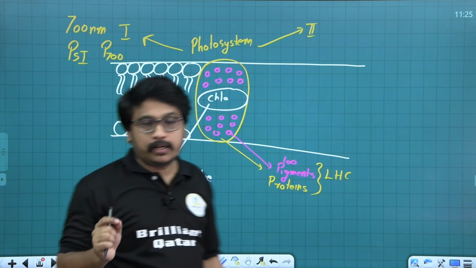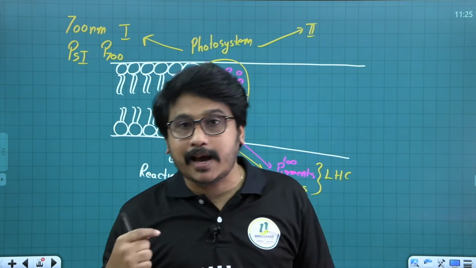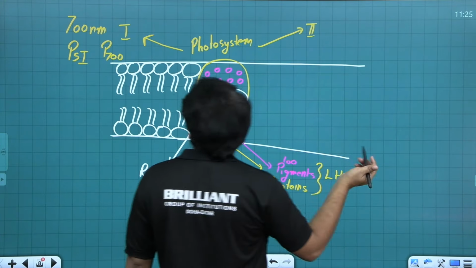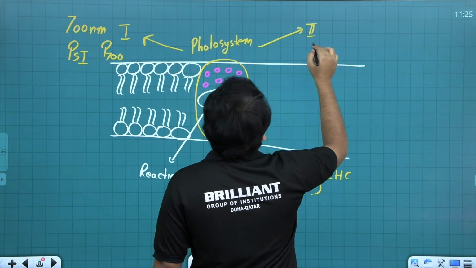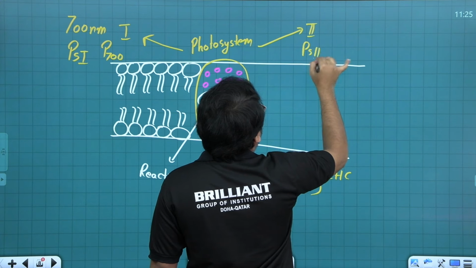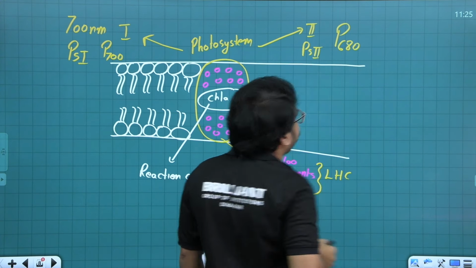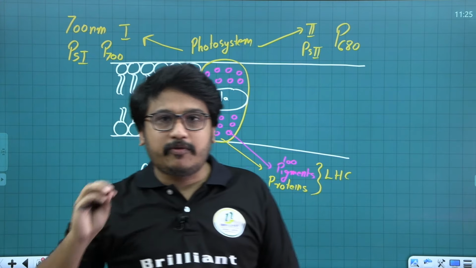The maximum wavelength of light they can absorb is 700 nanometer, that is the far red light. And in photosystem 2, the maximum wavelength of light that they can uptake is 680 nanometer. That is P680. So there are two types of photosystem.